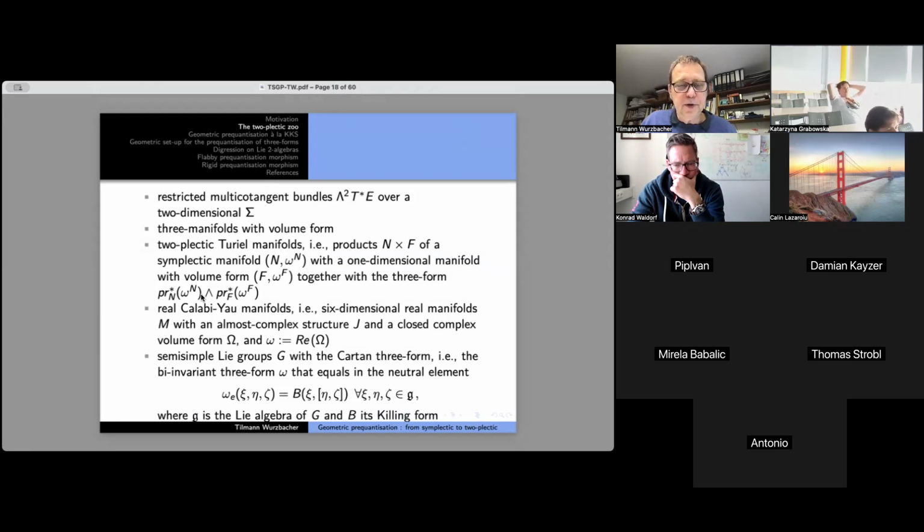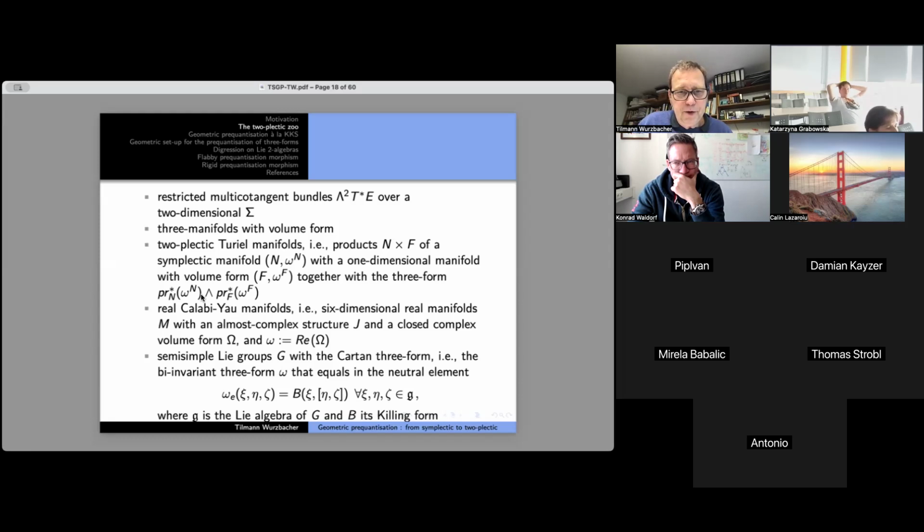Then there is a well-known example. You take a semi-simple Lie group. In fact, it can be a little bit more general, but I don't want to give the most general version. You take a semi-simple Lie group, for example, a compact one, but it's not necessary. And you have the so-called Cartan form.